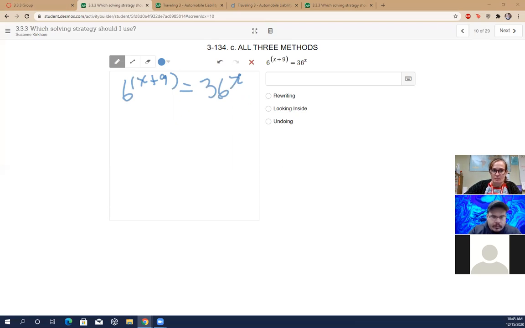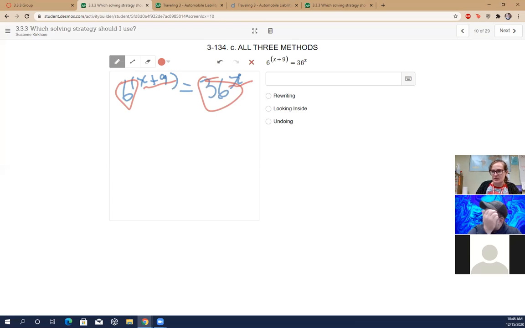Would it be looking inside? Yeah, it could be looking inside, right? Because we're looking inside these numbers to see how they are the same. And then we'll look inside the powers to solve for x. Okay.